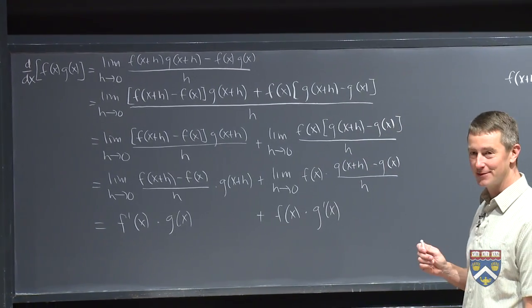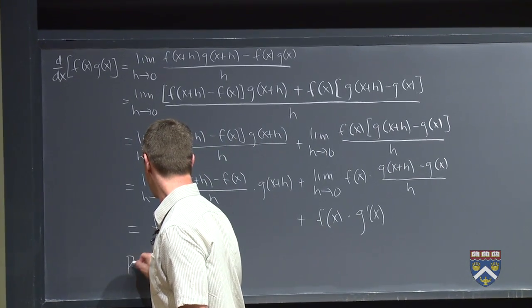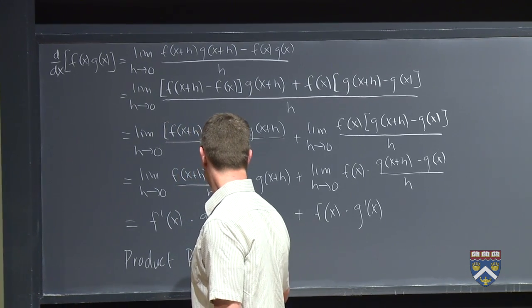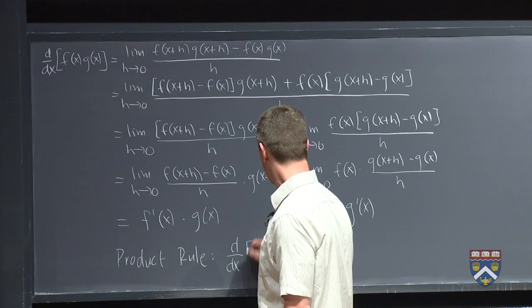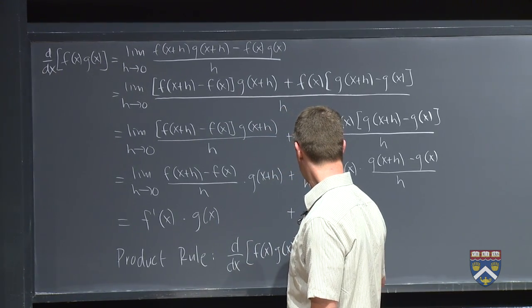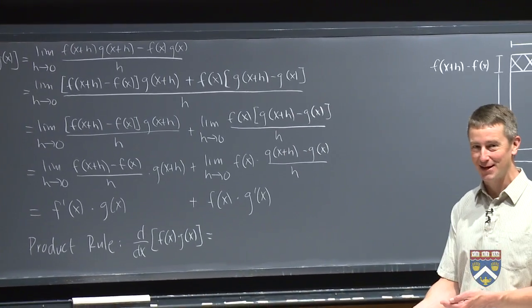So this is how we take the derivative of a product. Let's summarize this. This is called the product rule. It says that when we want to take the derivative of f of x times g of x, we do not yield to the temptation of just writing f prime times g prime.